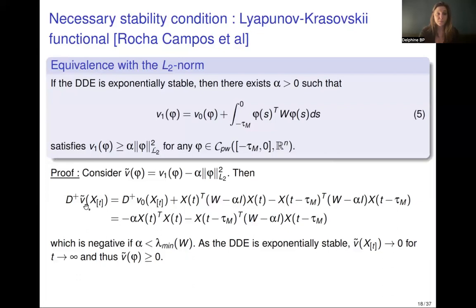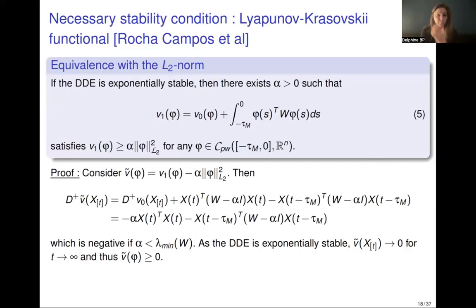They just take the time derivative of D tilde, D tilde being the difference between V1 and alpha times the L2 norm of phi. Due to the fact that D plus of V0 of xt is equal to minus xt W xt, you obtain this equation. And so the first term is negative, and then you only have to satisfy the second one to be negative. And so to guarantee this, you just pick alpha lower than the minimum eigenvalue of W, being positive.